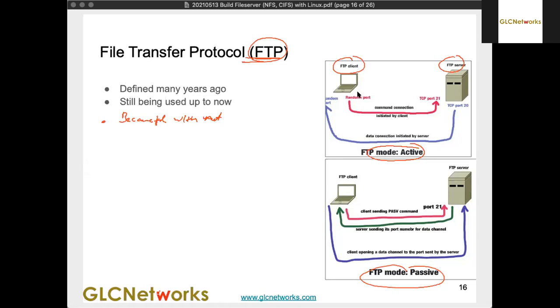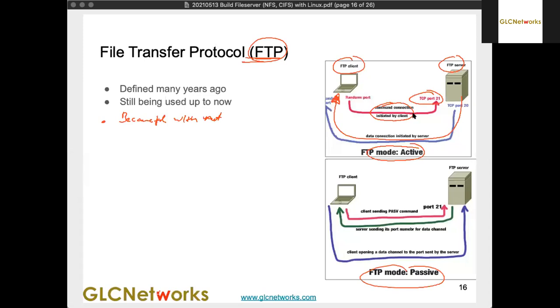So in the beginning, when I access the FTP server using active mode, I set up a connection on port 21, but the FTP server will then access my own computer, with a connection towards my IP address here.